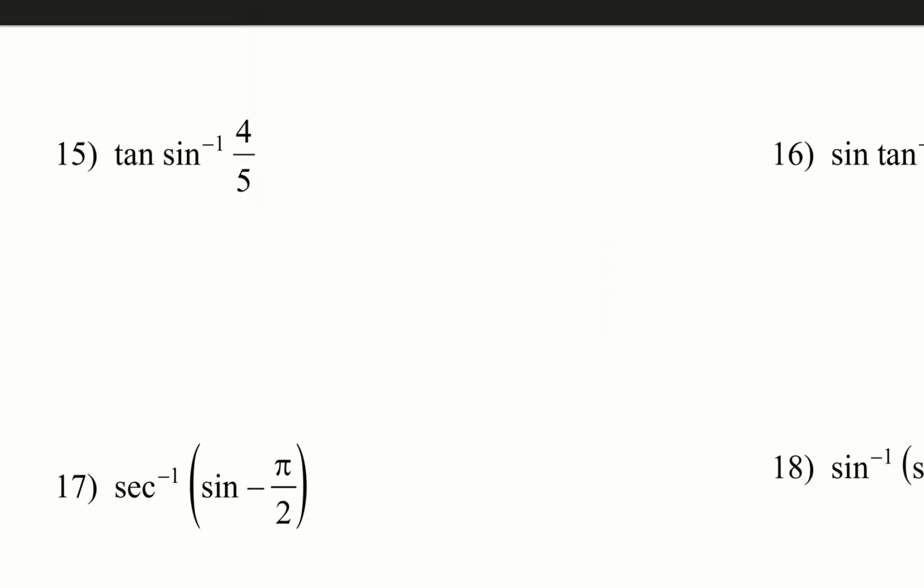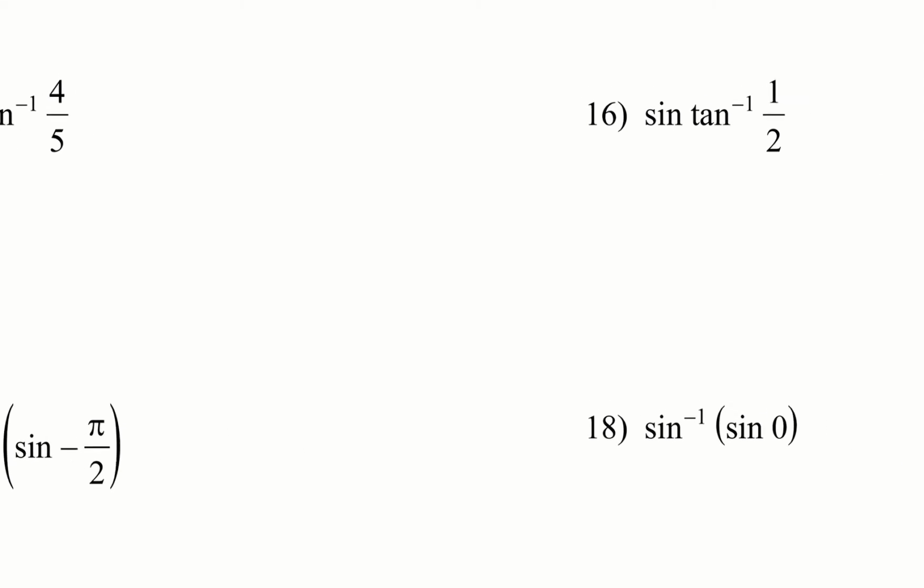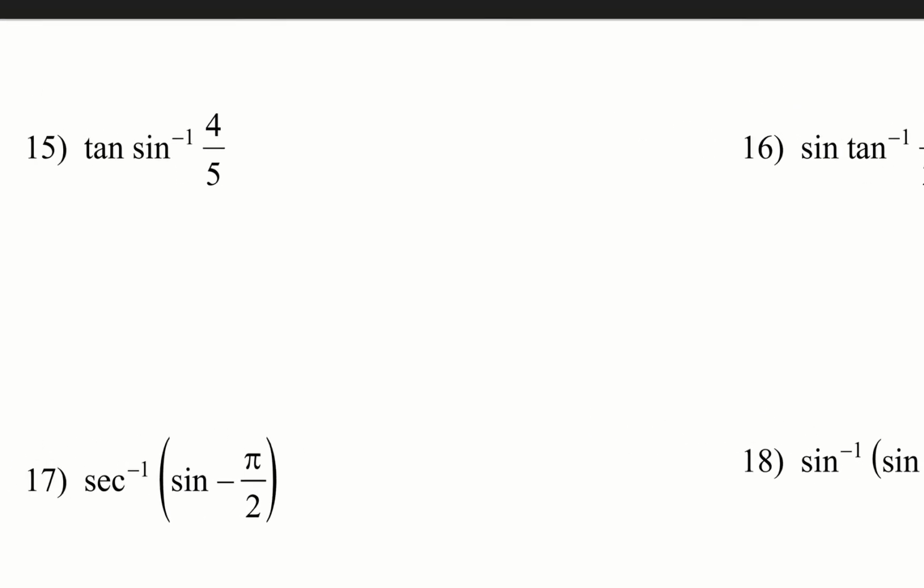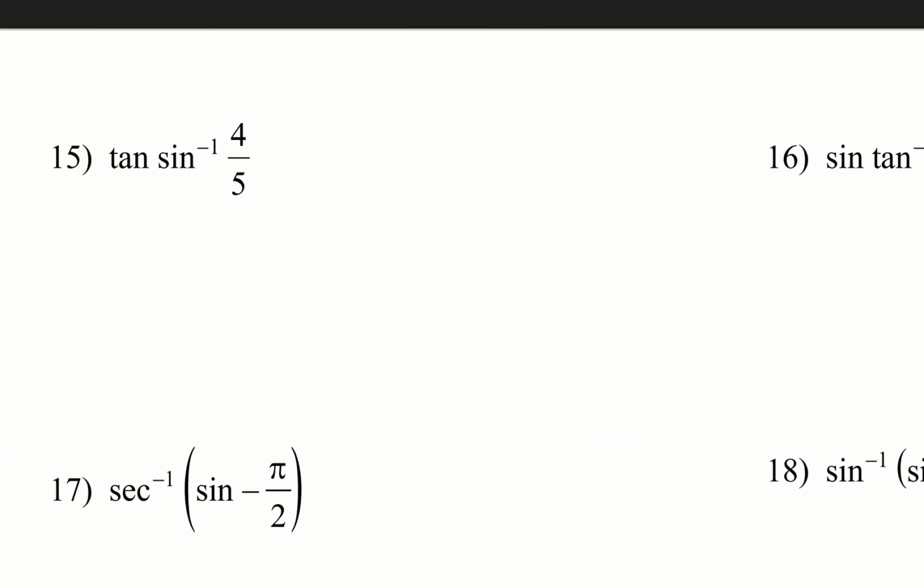There are some where we have a value that isn't one of our standard values that would give us an angle. So in this case, we need to draw a triangle. So we have tangent of sine inverse of 4/5. Well, if we're looking at this, we've got a right triangle, we've got some angle theta, which we're looking at.